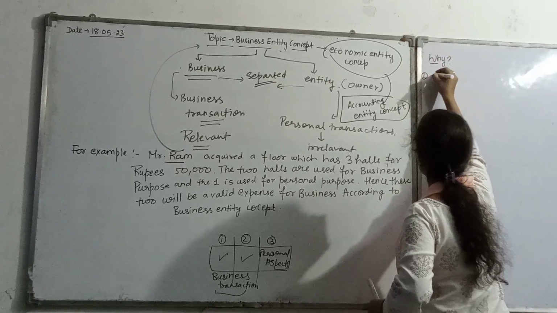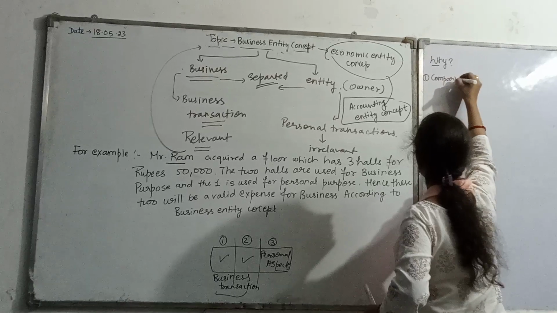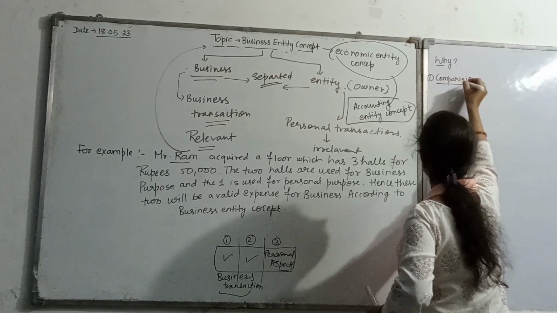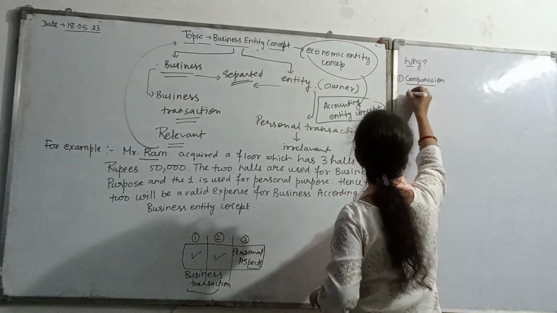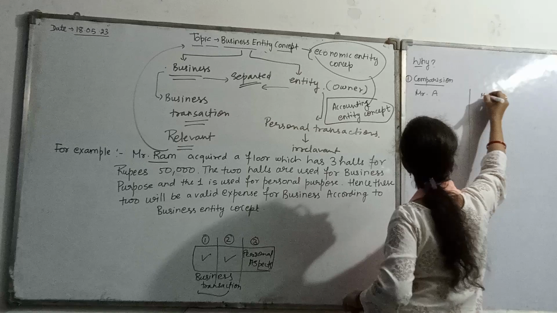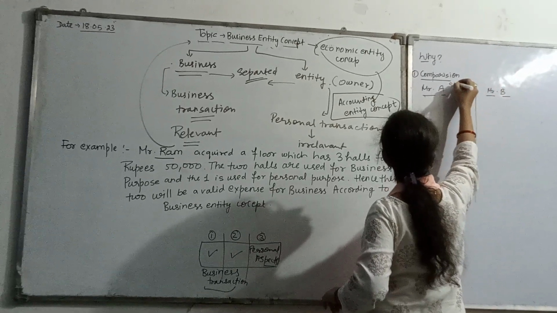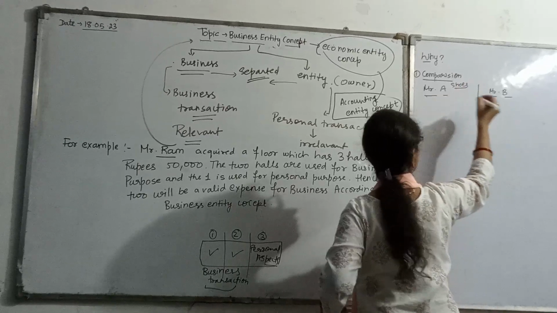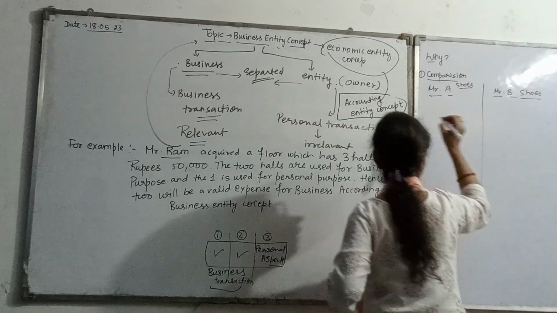Number one point is comparison. For example, if you talk about two persons, Mr. A as well as Mr. B. Mr. A has a shoe manufacturing company and Mr. B also has a shoe manufacturing business.